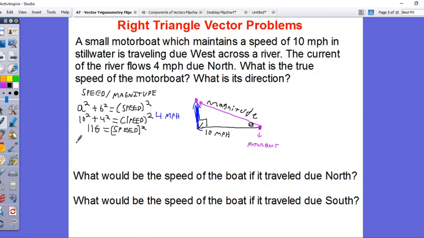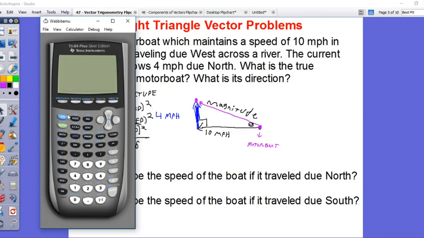So our speed is equal to, take the square root of each side, the square root of 116, which is going to be equal to 10.77.